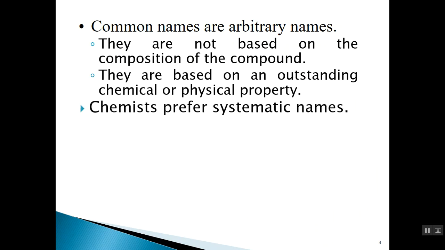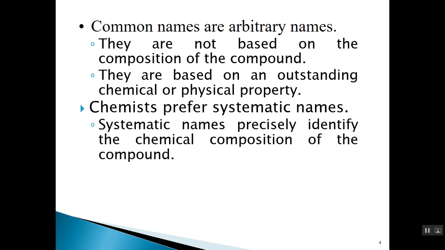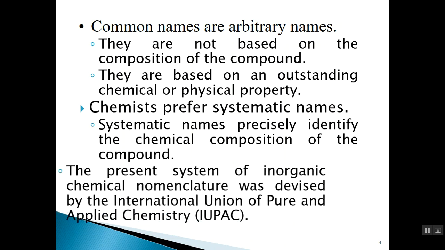In chemistry, however, we prefer to use systematic names, because by looking at the name, you can tell the composition of the compound. And also, if you know what the chemical composition of the compound is, you can determine the systematic name. And that is not possible when it comes to the arbitrary names based on chemical or physical properties.